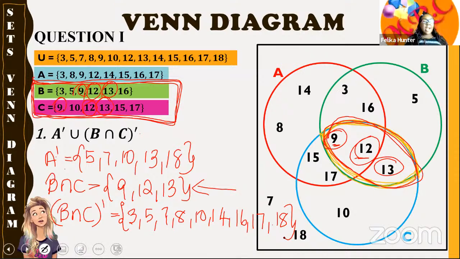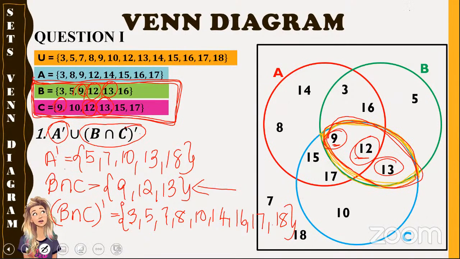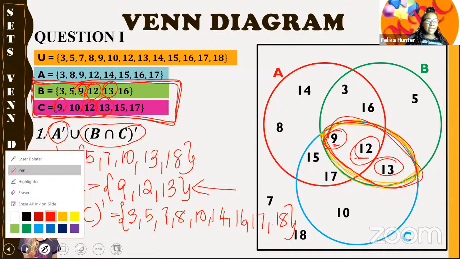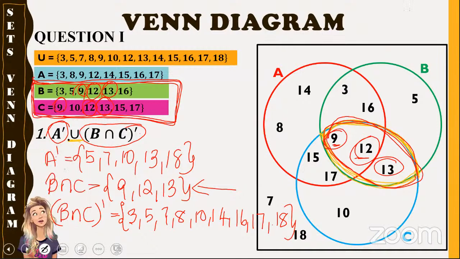All right, so now we have it. We know what a complement is, and we know what B intersect C complement is. Now the sign in the middle here is asking us for the union, so we're going to bring all of them together.